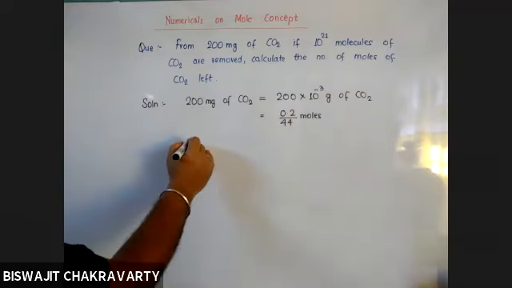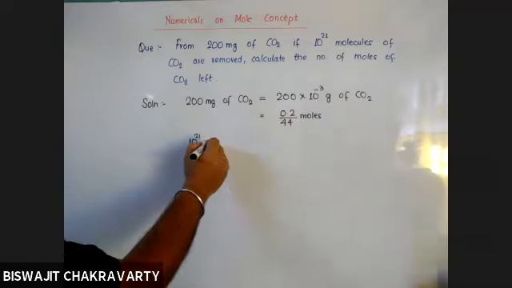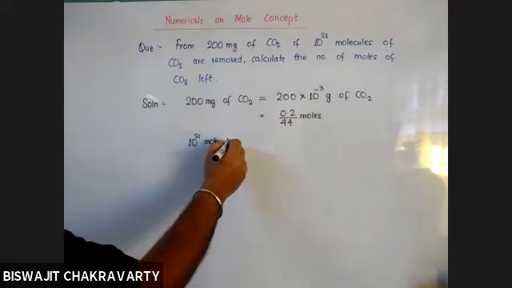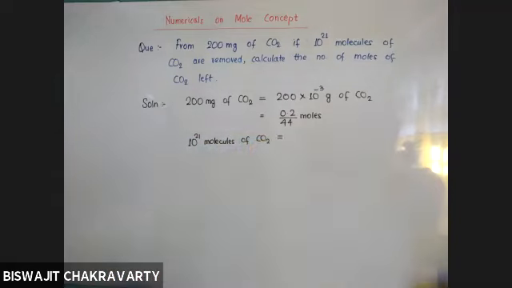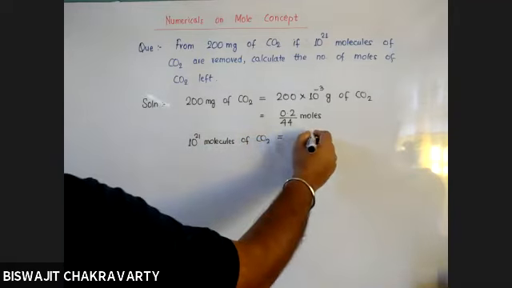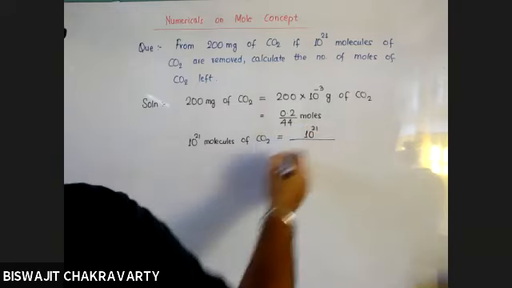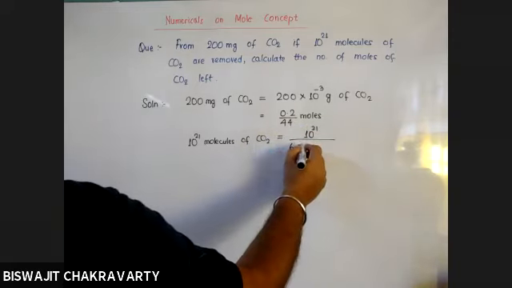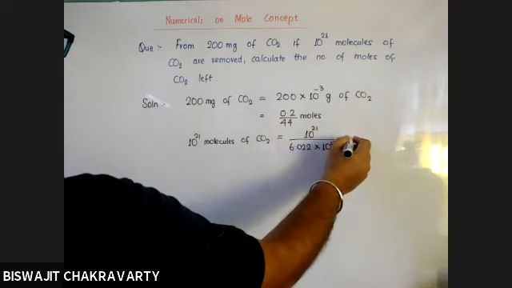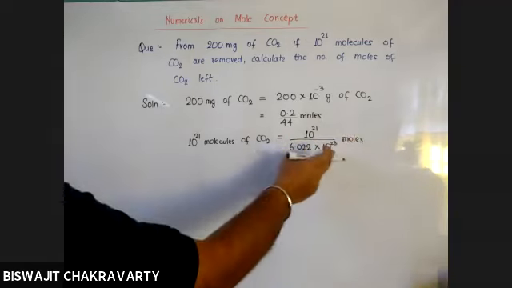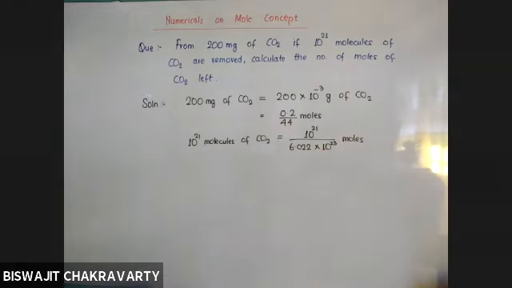Similarly, 10 to the power 21 molecules of CO2 needs to be converted to moles. So what should I divide 10 to the power 21 by so that it is converted to moles? So if this much is removed from this, how much is left?